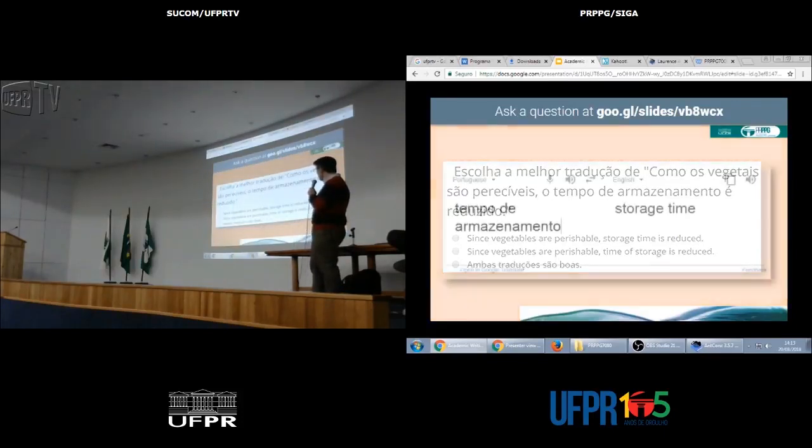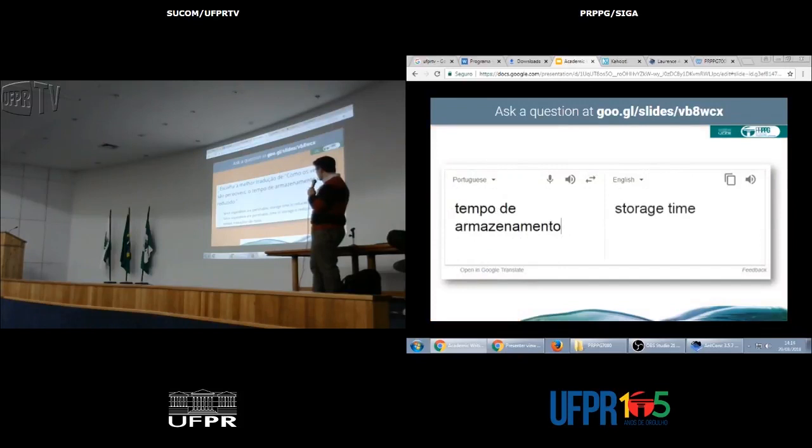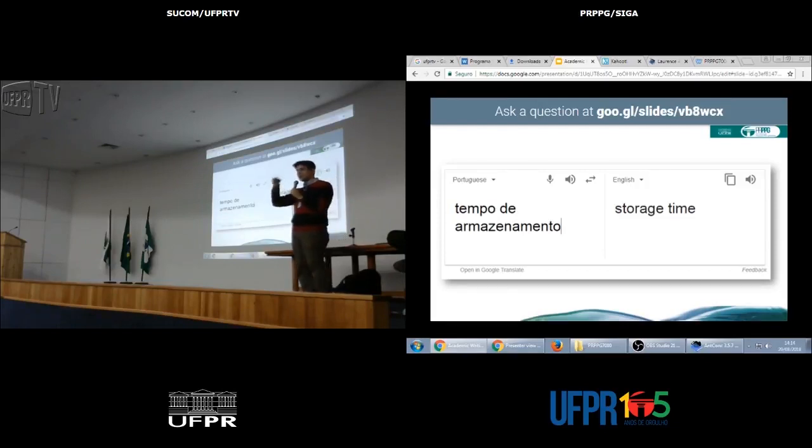Okay. Another example, tempo de armazenamento. The same thing, where the translator recommended storage time, not time of storage. Both would be possible in actuality. In reality, you could say time of storage and storage time. But again, our objective here is thinking of the reader. Always be thinking of the reader.